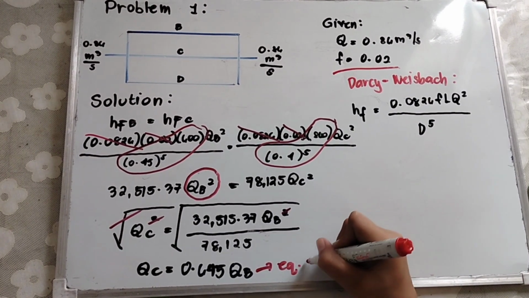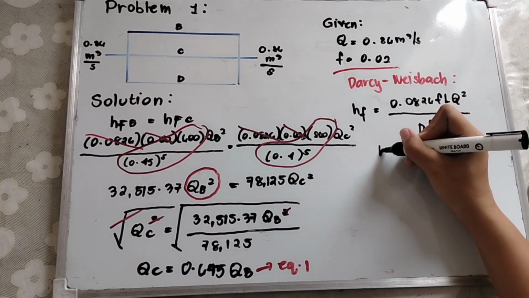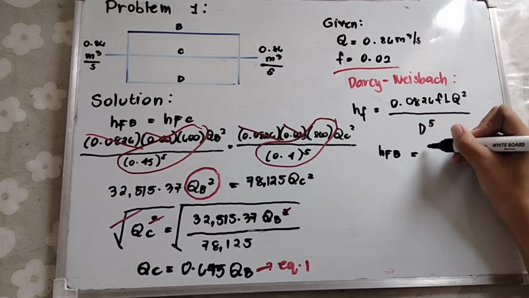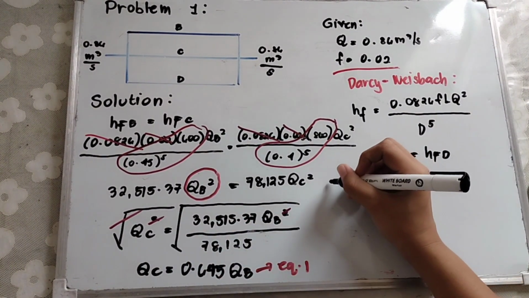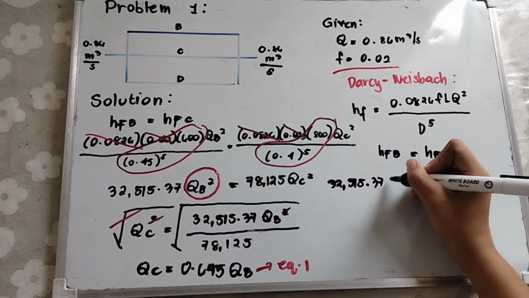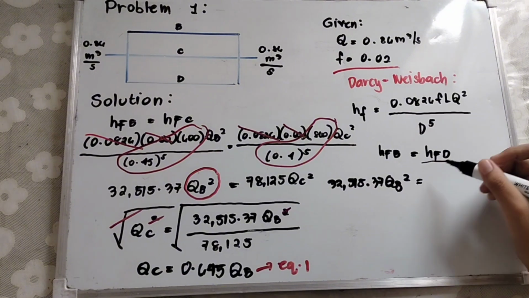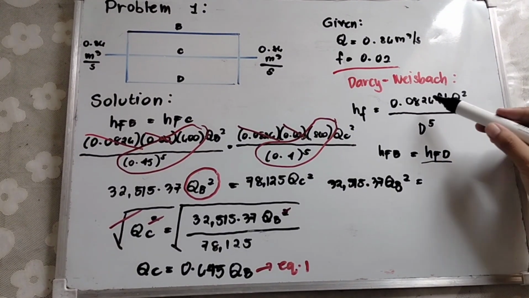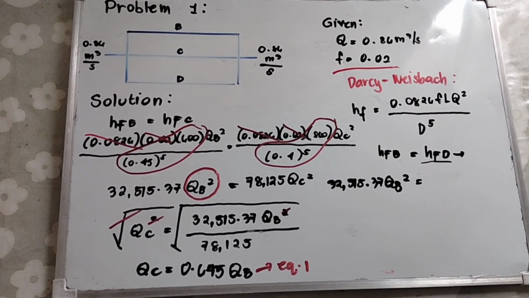Now, to find our second equation, we just need to use the same concept, which is HFB equals HFD, or the head loss at B is just equal to the head loss at D. We'll also use the same formula, the Darcy-Weisbach. Since we already have a value for our QB, we can just write it down. Now to find the value for our head loss at D, we just simply need to divide the length over the diameter of the pipe, since 0.0826 and the friction factor will be cancelled.